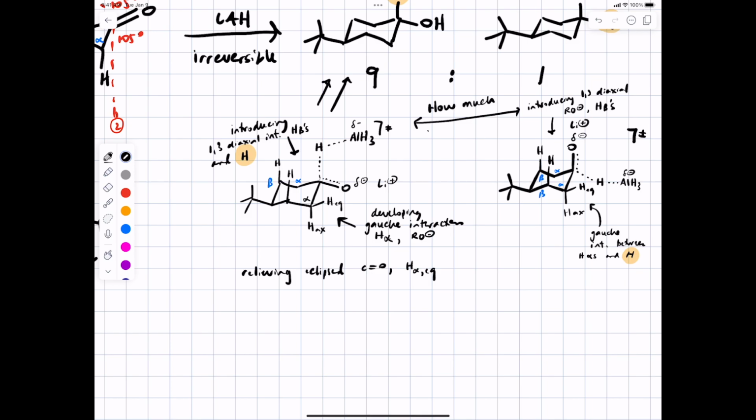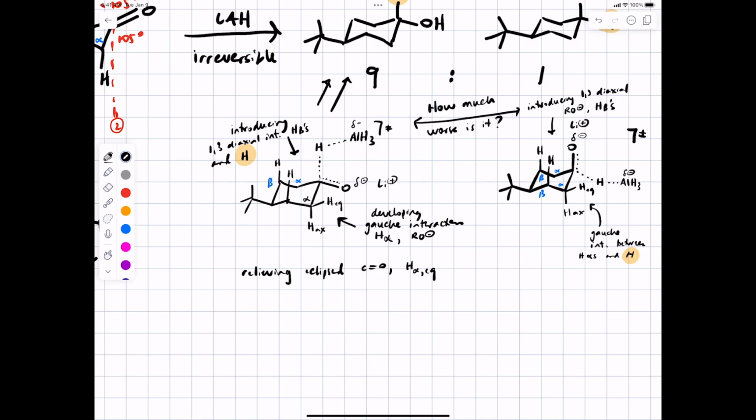how much worse is it? Some, a lot-ish. We actually have a number for that, and that came from chapter 3, I think, on conformations, or was that chapter 2? We've got a table of A values somewhere that I'm going to look up if I can find them.